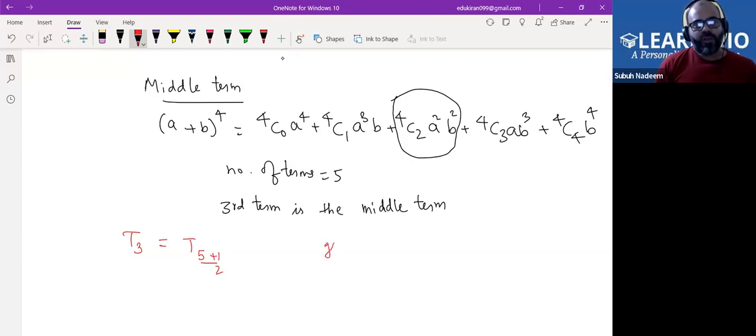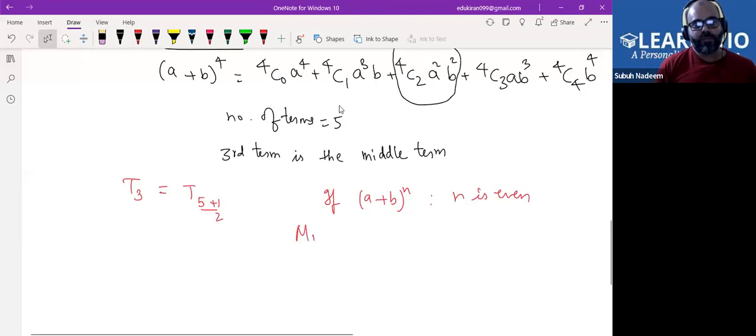So if a plus b to the power n is there and n is even, then we can say that the middle term is the (n plus 1) by 2th term, which is actually nCr.